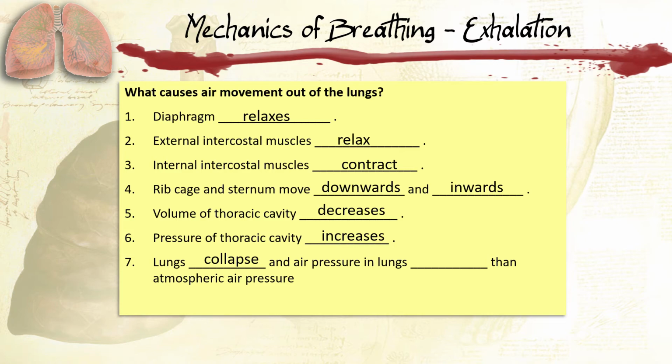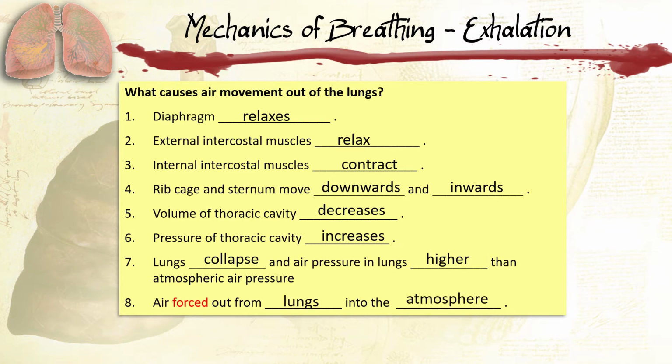So since the lungs become smaller, the volume decreases. Volume and pressure, they have an opposite effect. When the volume decreases, the pressure will increase. So it will be higher than the atmospheric air, and the air will be forced out from the lungs into the atmosphere.